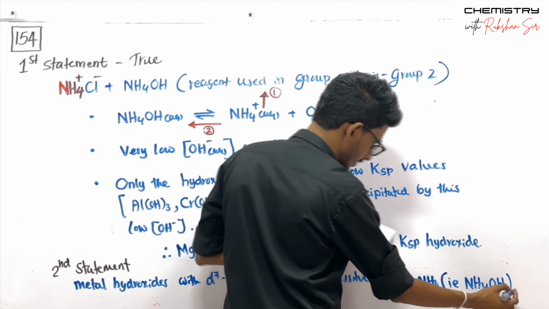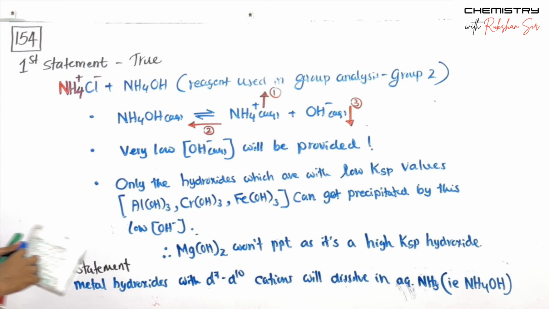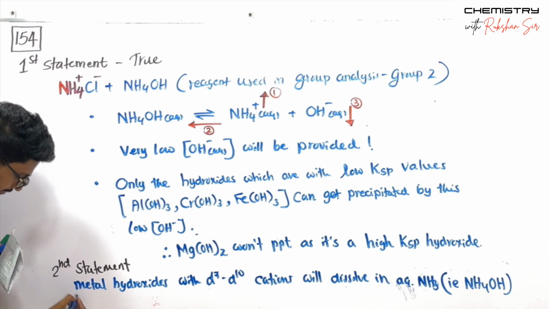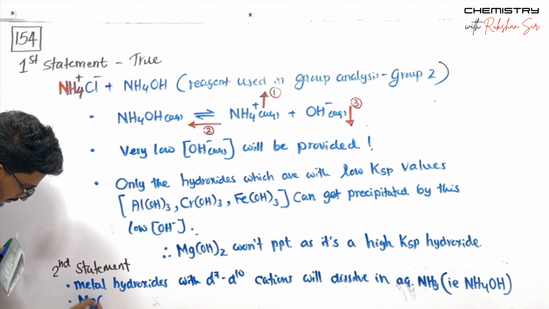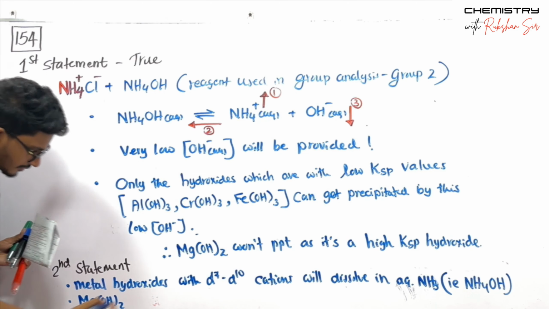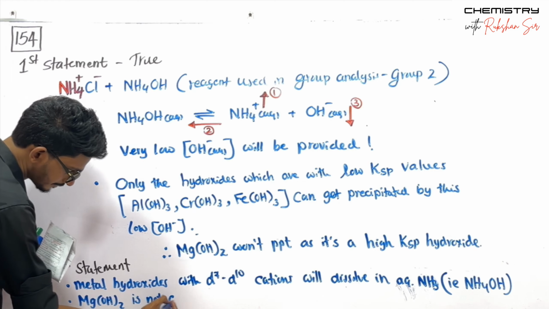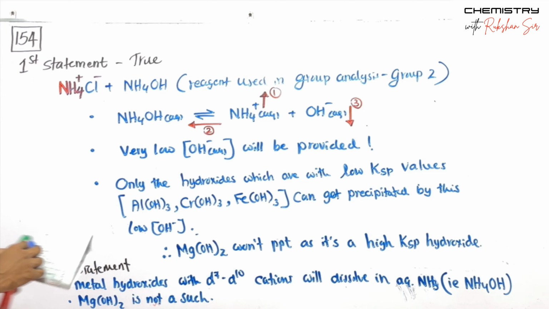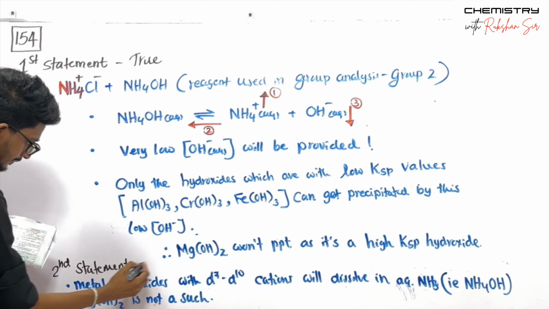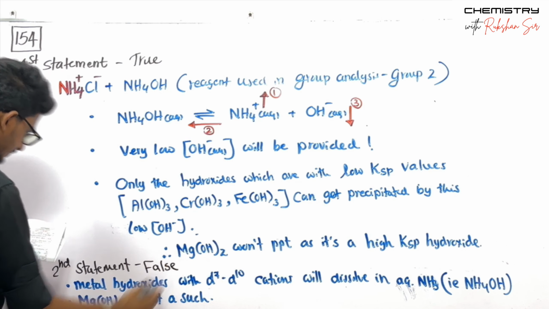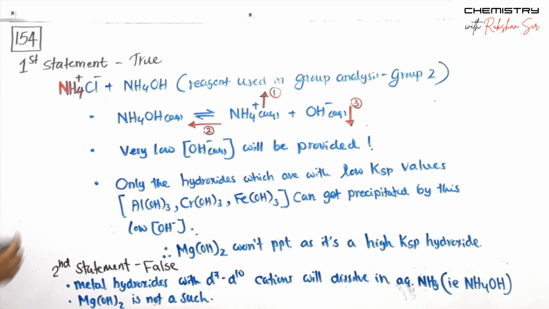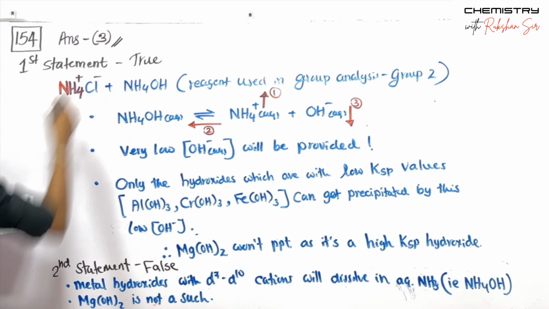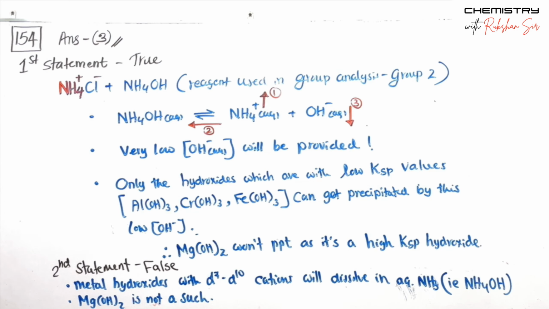Aqueous ammonia is ammonium hydroxide. Magnesium hydroxide is not such a case. So magnesium hydroxide being soluble in ammonia is false. So true and false means the answer should be answer number 3.